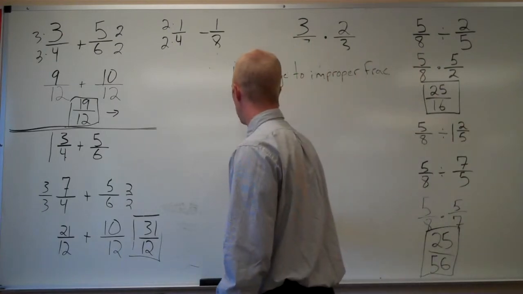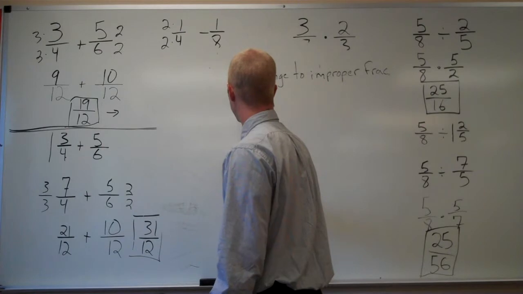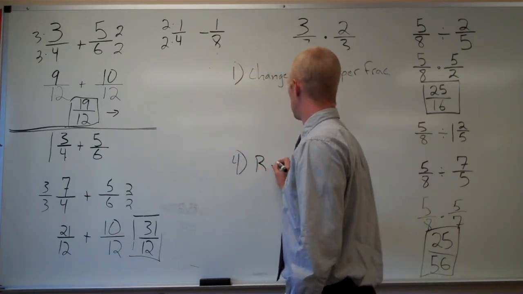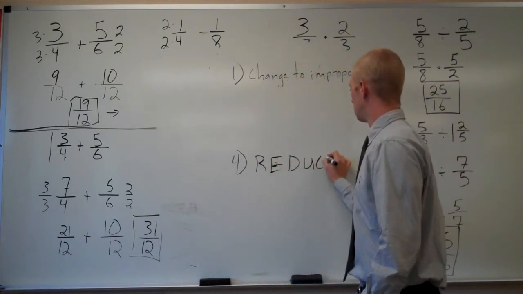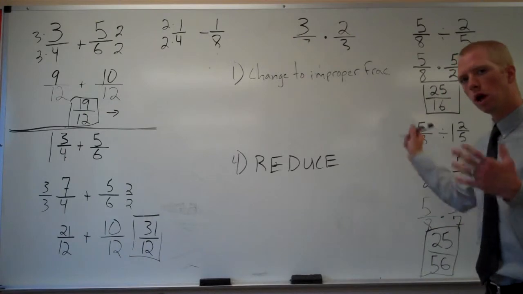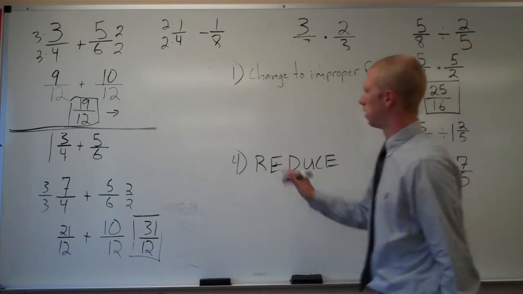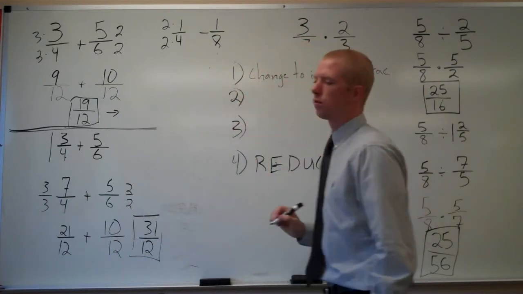The last step on everything will be step 4, and that will always be to reduce. We didn't have to do a lot of reducing here, but we did have one example. You're always going to have to reduce. What's going to change are steps 2 and 3.